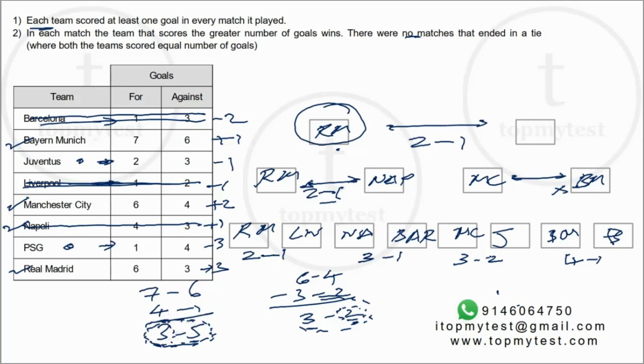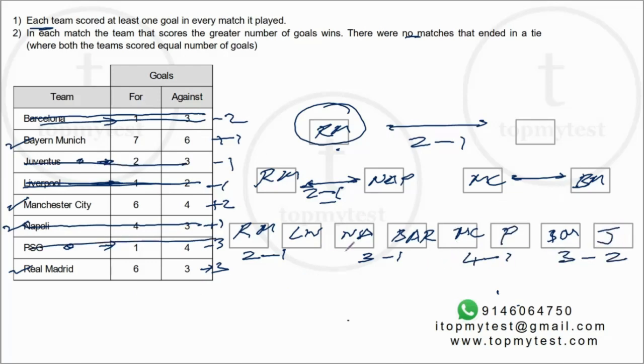In any scenario, neither Manchester City nor Bayern Munich can proceed, which means my original assumption that PSG played against Bayern Munich and Juventus played against Manchester City was wrong. It will be the other way around. PSG will play against Manchester City and Juventus will play against Bayern Munich.